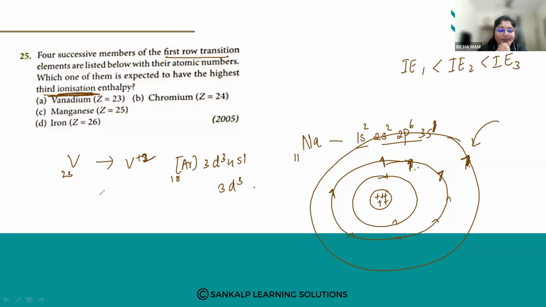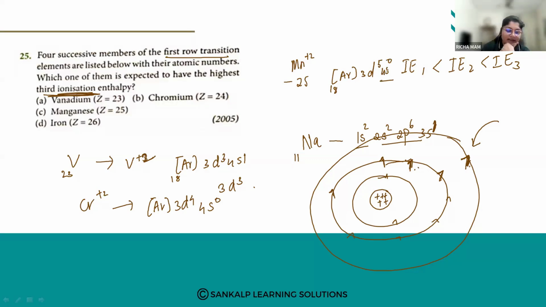Then chromium plus 2. If I write the electronic configuration, it will be argon 3d4 and 4s0. Then for Mn plus 2, atomic number 25, it is argon 18, 3d5 and 4s0, because plus 2 means 0 electrons in the s orbital, right?